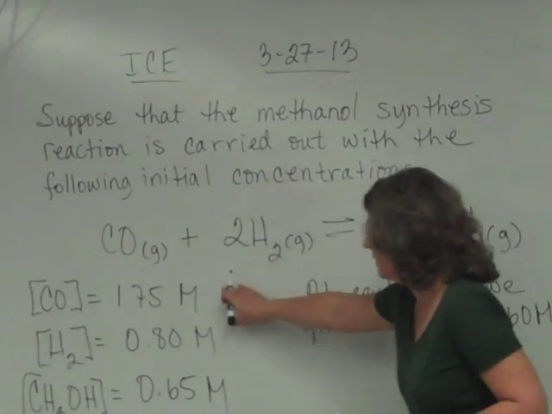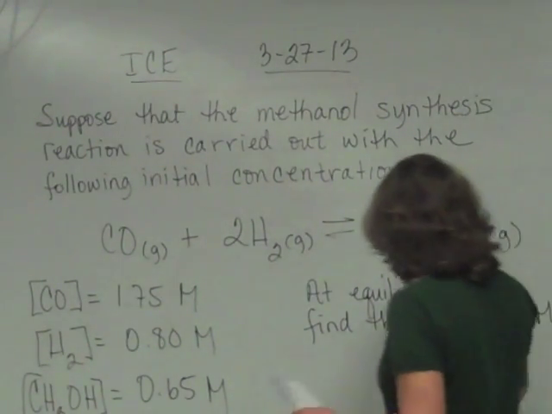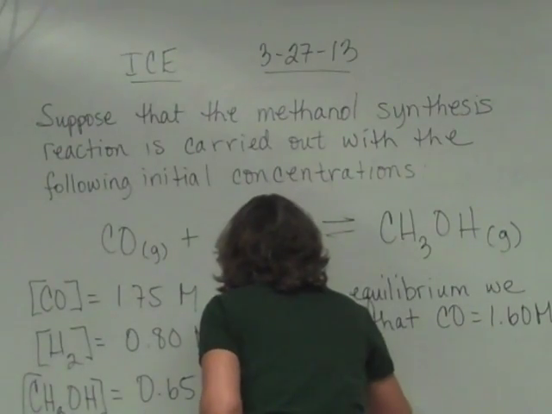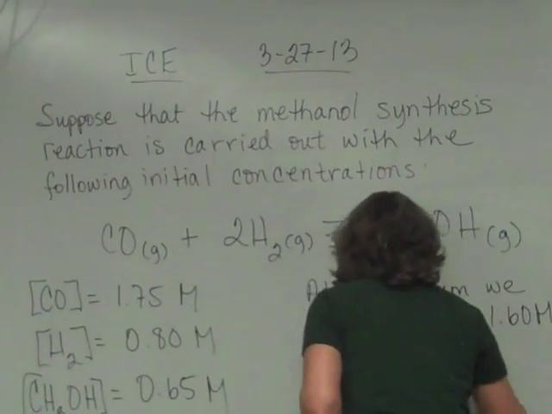Okay, so we're given initial concentrations, and we are given the concentration of one of the components at equilibrium. And what we need to do is calculate the value of K.